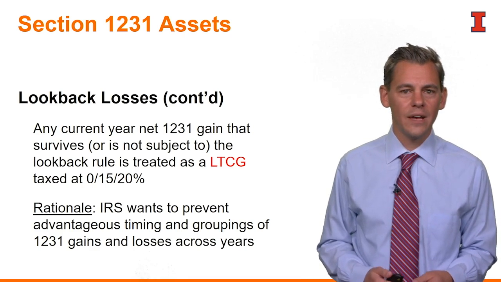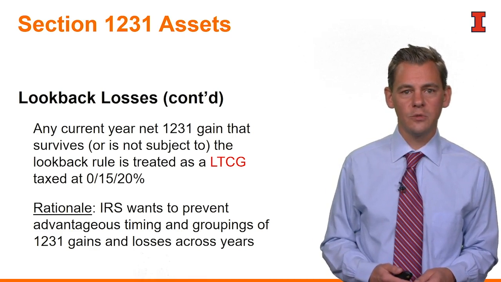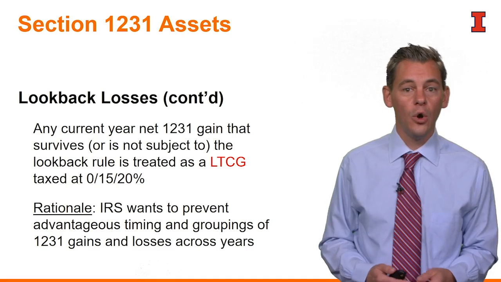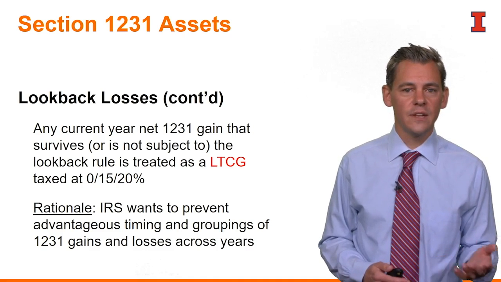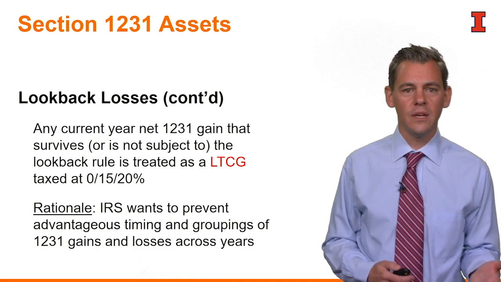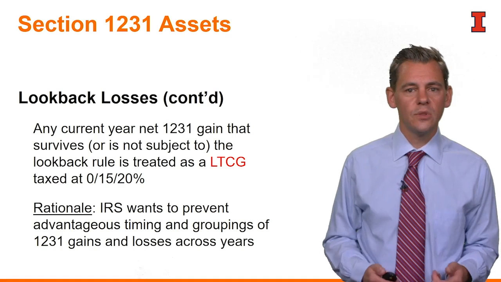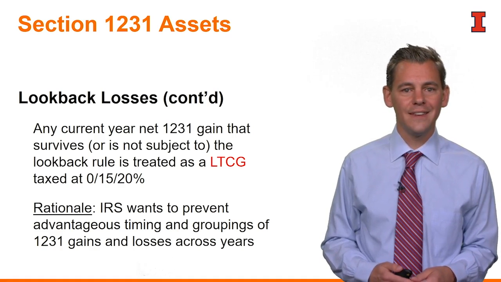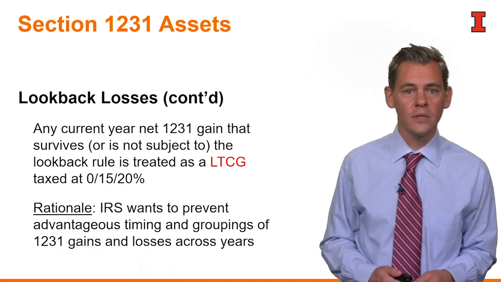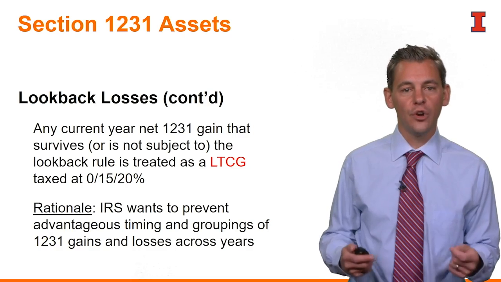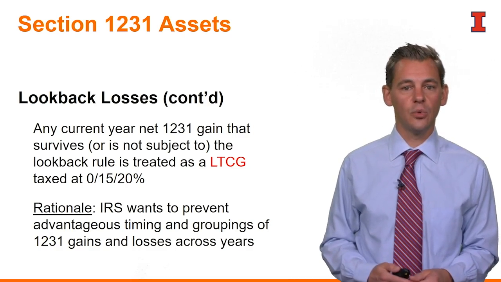And so how that net Section 1231 gain or loss would be taxed would be simply whether the net Section 1231 amount would be a gain or loss. If it's a net gain, it would be taxed at preferential rates, and if it's a net loss, it'd be deductible against ordinary income. So this look-back loss rule effectively nets these gains and losses across years in order to specify the correct character of the current year's net Section 1231 gain.